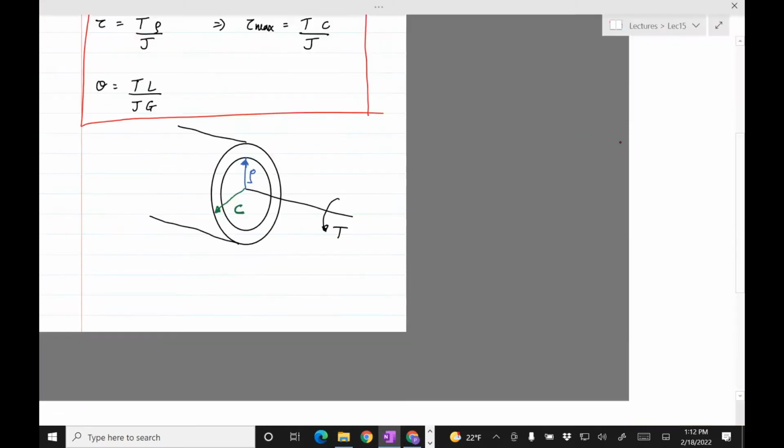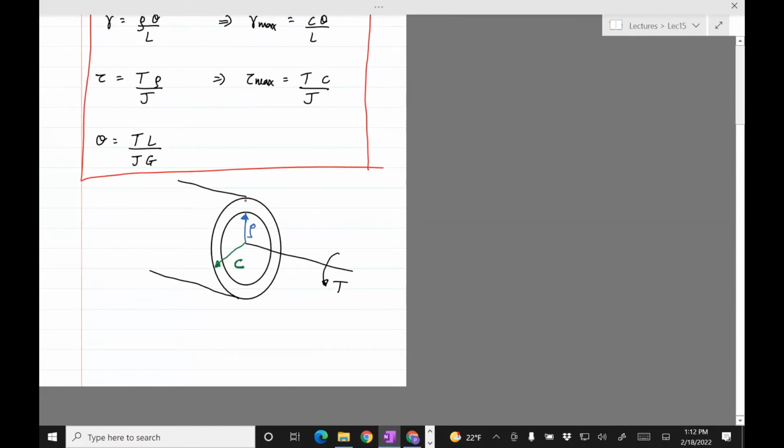Okay, then the stress, and this is something which you'll see later is very important. You need to know how the shear stress is actually acting. And if you don't get it here, then it just becomes harder later on. So the maximum shear stress would be like this. It's pointing this way and not the other way because of the direction of torque.